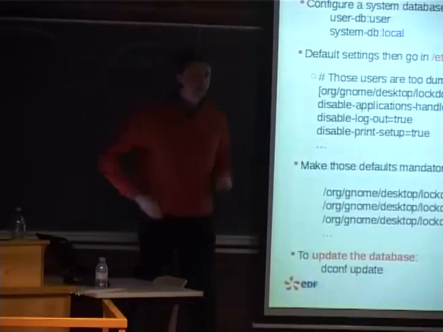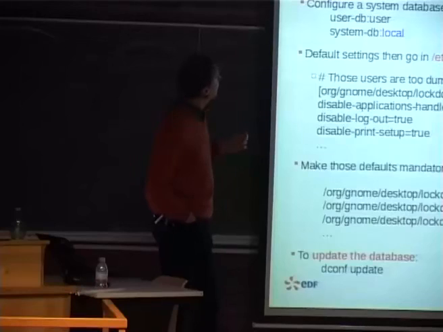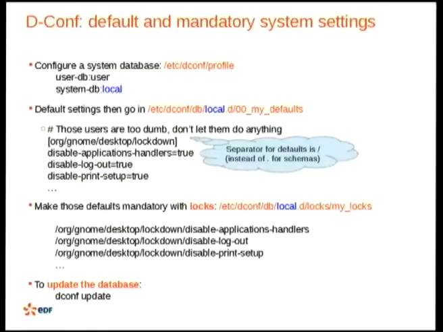And using dconf, it is a bit more complicated than with gconf to set mandatory settings, but you can. You can by setting a system DB. So you create another system database, and in this database you set defaults, just like you would otherwise. Well, it's not GSettings defaults, it's dconf defaults. So the file format is not exactly the same, but it looks very similar.